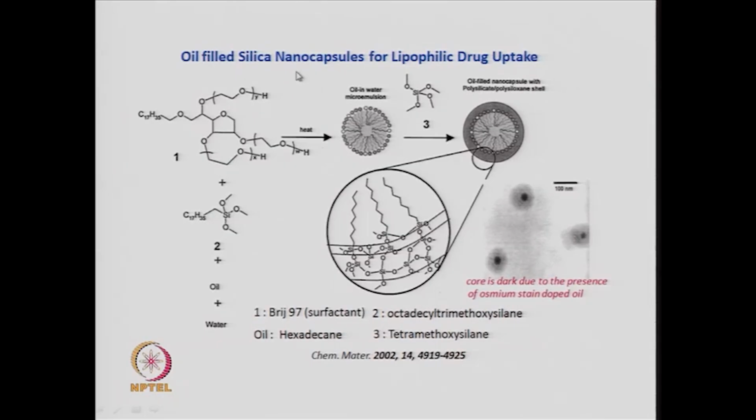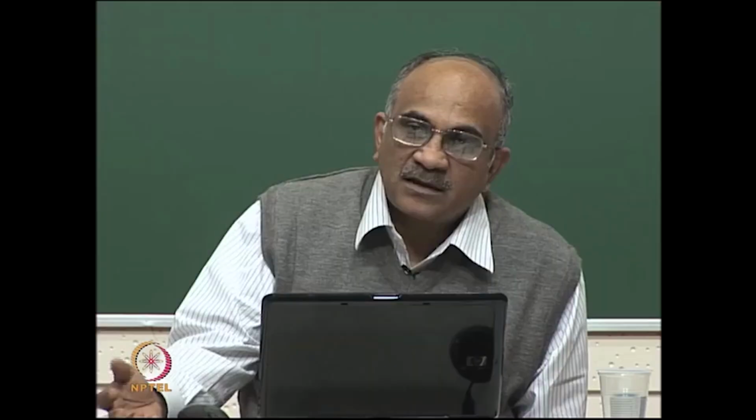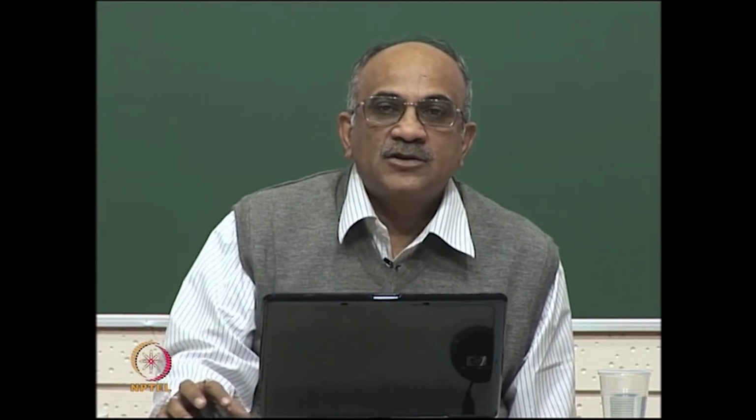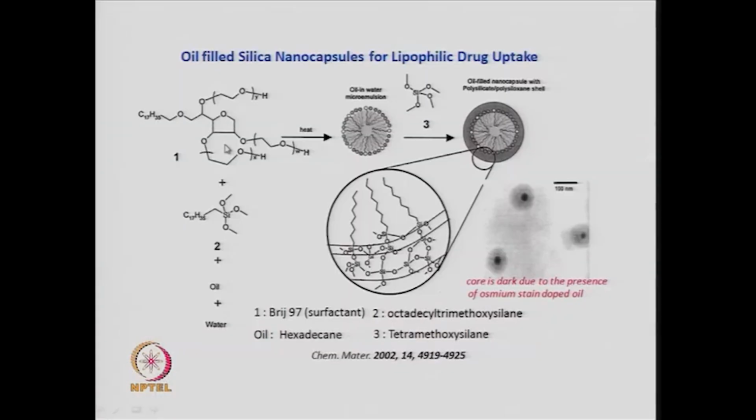You start with a microemulsion process. In a microemulsion you need a surfactant, an oil phase, and an aqueous medium. The surfactant here is a neutral or non-ionic surfactant whose common name is Brij 97, and this is the structure of the surfactant.